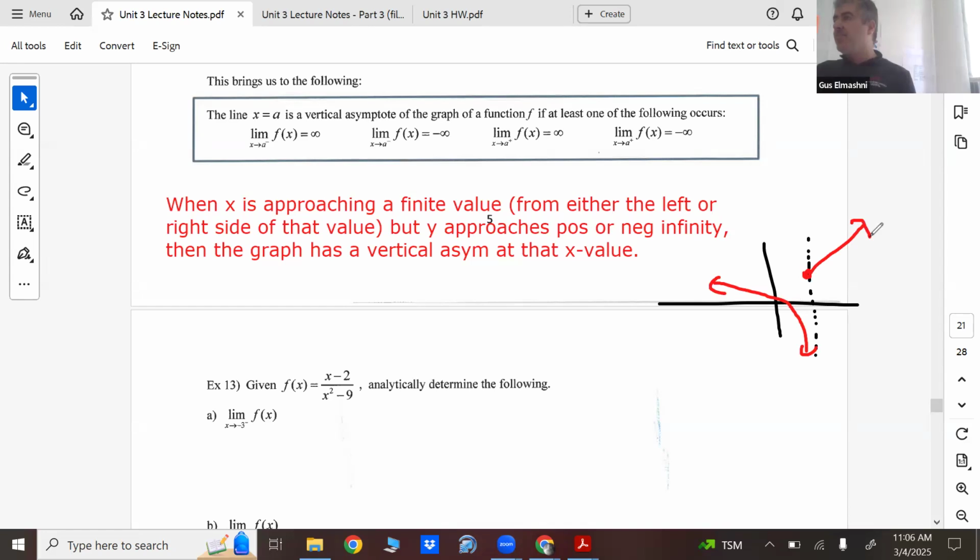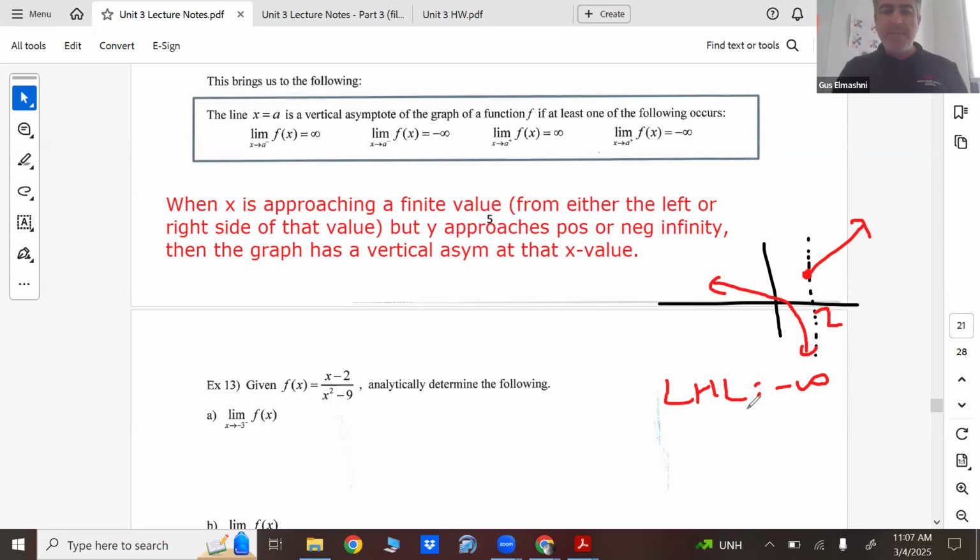This still counts. I know it's weird, but this still counts as a vertical asymptote because it's all about limits. It's all about approach. Let's say I call this 2. What's my left-hand limit here? Negative infinity. What's my right-hand limit? Some random number. You only need it to happen once, just once.